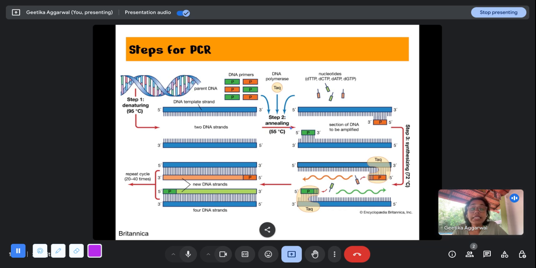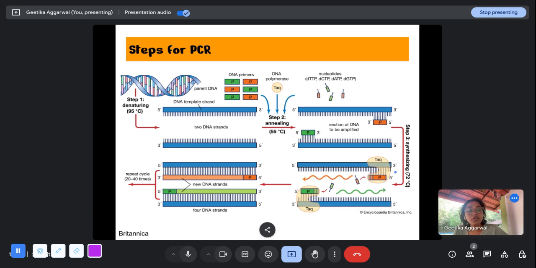Now, the second step of annealing starts. You reduce the temperature and the primers start working. The primers anneal, they attach themselves to the DNA. If the temperature is high, the DNA strands will stay separated. But when the temperature is decreased, the primers will attach to the DNA. Then the last step, synthesizing, happens again at a little higher temperature of 72 degrees Celsius. Taq polymerase will attach and start multiplying the DNA in two different directions.